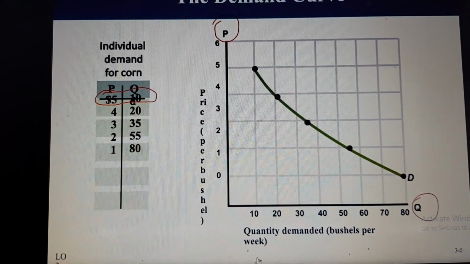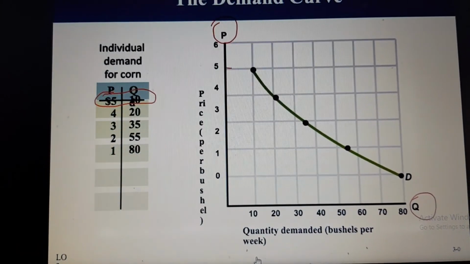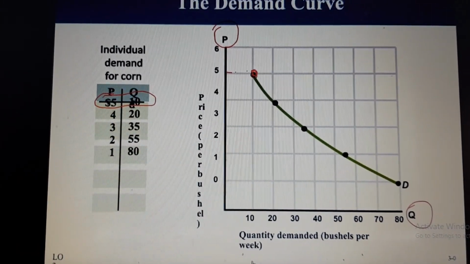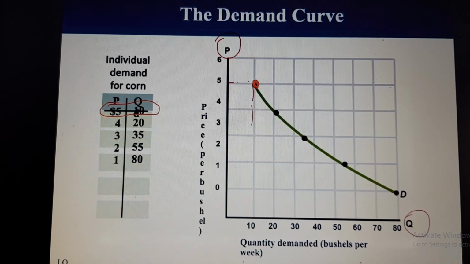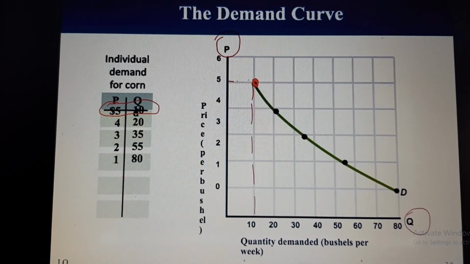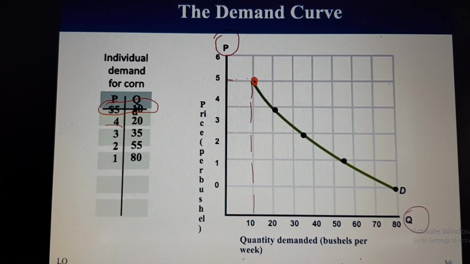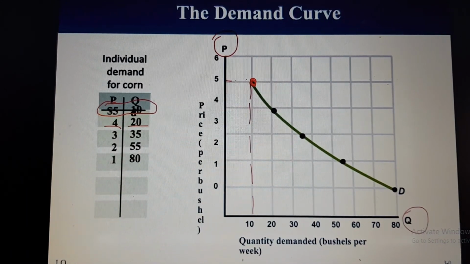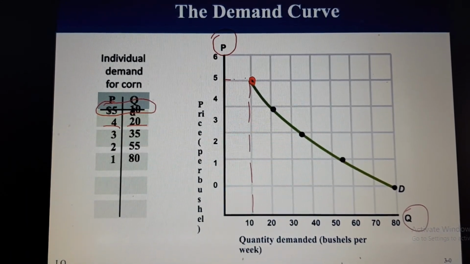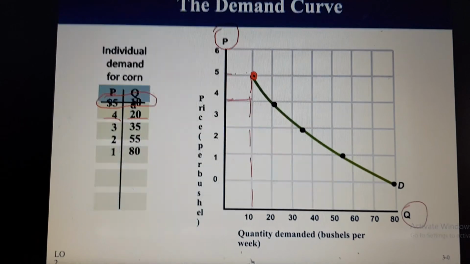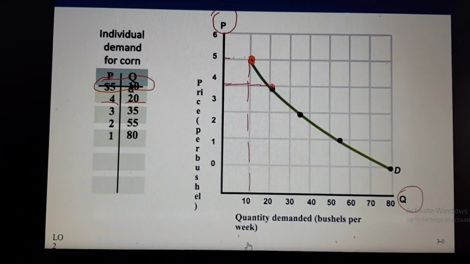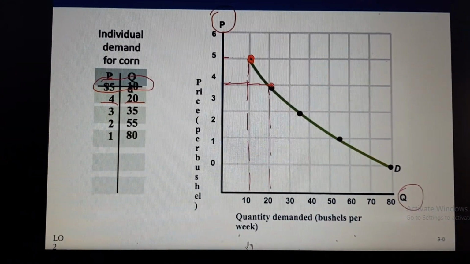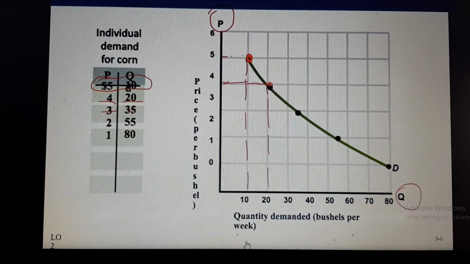Or I can buy them too, same thing. All right. So this is the first point. At $4 a bushel, I demand 20 bushels of corn. So we have 4 over here, that's the price. We go to 20 here, we make the second point. At $3, demand 35.